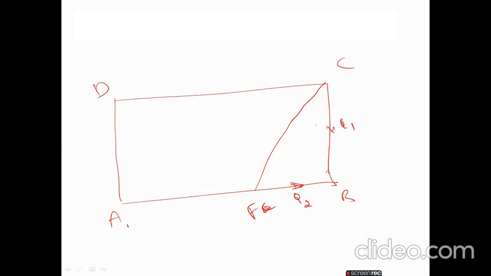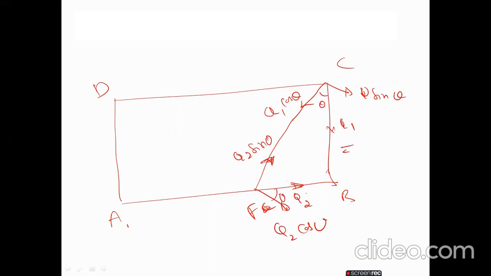I will tell you what Q1 and Q2 are. Next, on the oblique plane, from this face, this is Q1 sin theta and Q1 cos theta. Same from here, this is Q2 cos theta and Q2 sin theta. And this is the angle theta here, and here also theta.